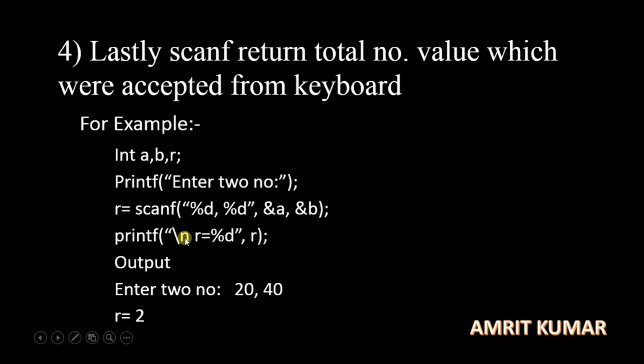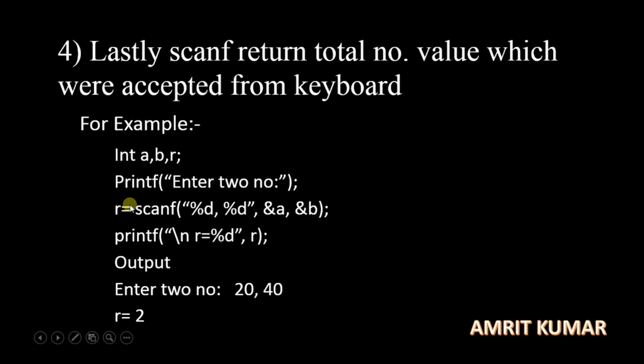Then we have used backslash n, r equal to percentage d. Now backslash n helps us to give a new line, and that is the escape sequence which helps us to make a new line.